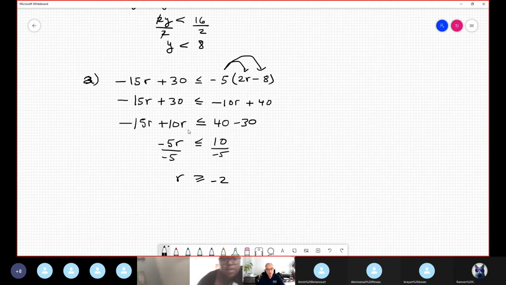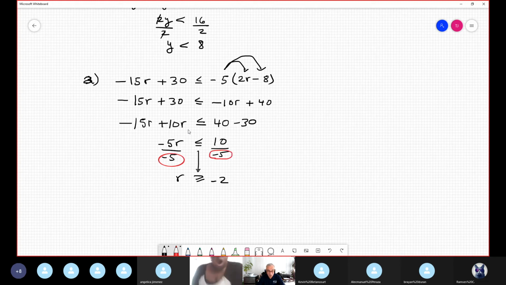Why? What is the reason I need to reverse this sign? Because the action is negative. You are dividing by a negative number. The action is negative, so you divide by negative 5.